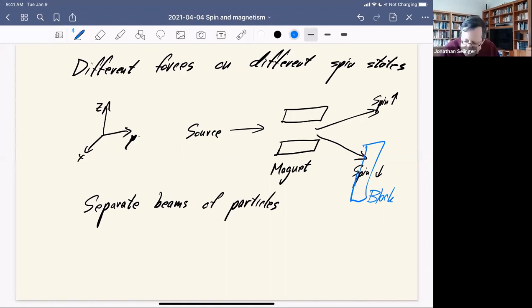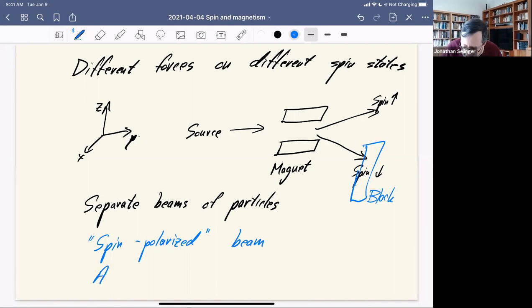Okay, and so the word for that is a spin polarized beam. So this is something that people do in real experiments as a way of generating spin polarized beams, right? So you can make a beam of electrons that all have spin up or all have spin down.